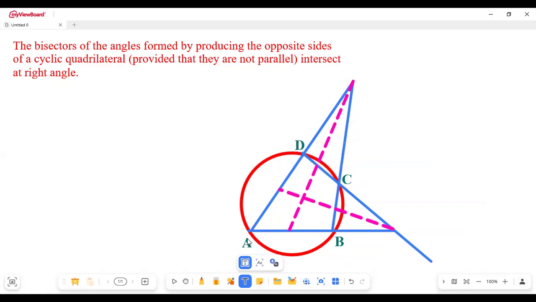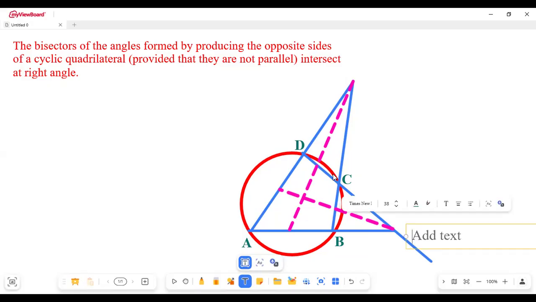Now we have a quadrilateral ABCD inside a circle. So we extend BC and AB. Both are the opposite sides of the cyclic quadrilateral.